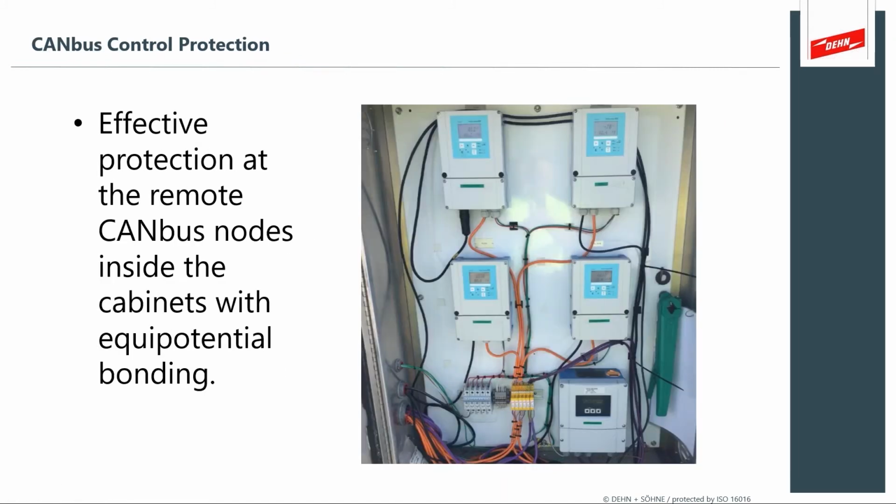Here we see a very complex CAN bus control system, and what's important about a photograph like this is that you can see your surge protection devices are installed as the wires enter the cabinet at a marshalling point before the wiring systems get into the CAN bus nodes. And in one photograph, we have an opportunity to see all the earthing and bonding.